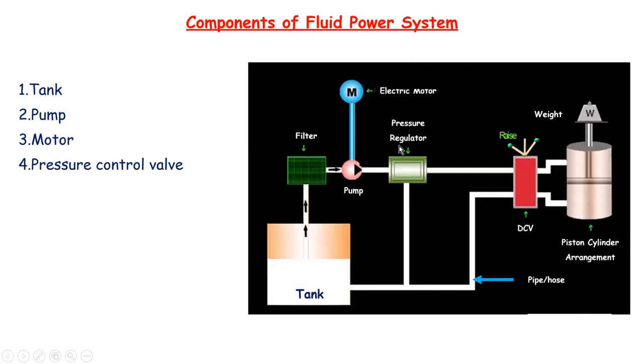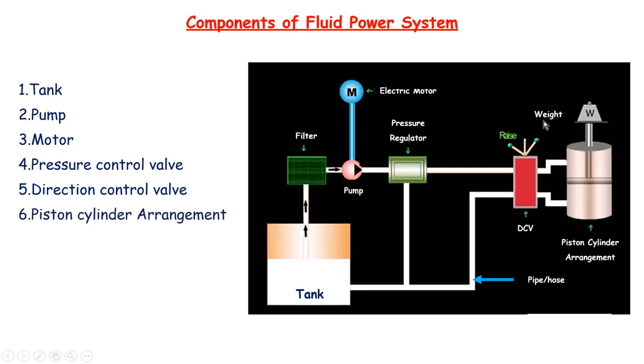Fourth one, pressure control valve, which is also called as pressure regulator, which is mainly used to control fluid pressure required for fluid power system. Next one is direction control valve, which is used to control the direction of fluid flow, either in clockwise direction or anti-clockwise direction.